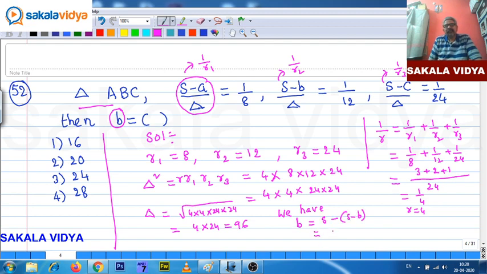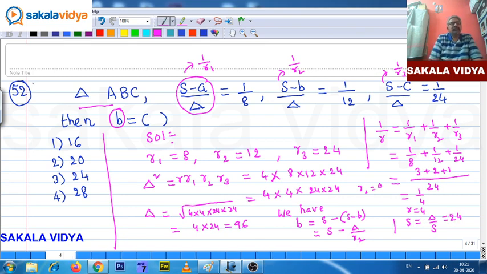What is s minus b equal to? r2 is delta by s minus b, but we need to find out s. How to find out s? r is delta by s, so s is delta by r, which is 96 by 4. 96 by 4 is 24.